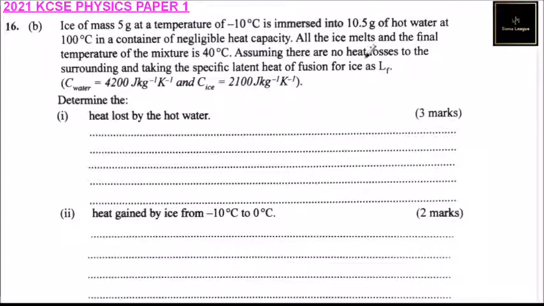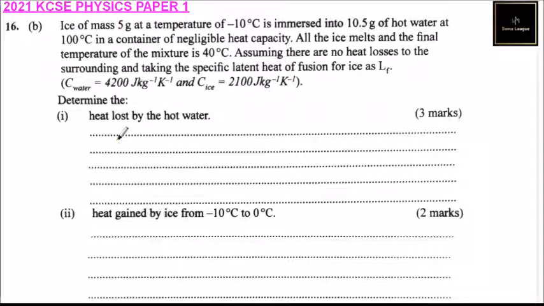Assuming there are no heat losses to the surrounding and taking the specific latent heat of fusion for ice as LF, we have a specific heat capacity of water 4,200, for ice it is 2,100, joules per kilogram Kelvin. So determine the heat loss by the hot water.